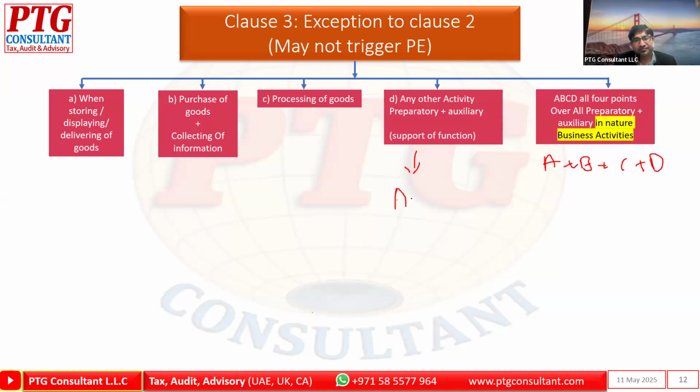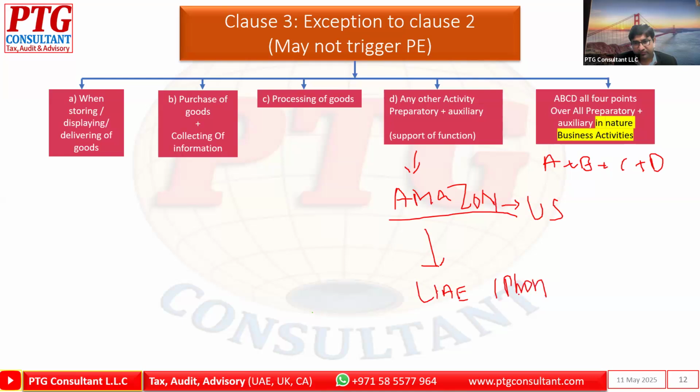If Amazon is sending a shipment from the US to a UAE customer, we'll take the example of, say, the iPhone, or we can take Samsung, any IT devices, just for understanding, it's not a debating point.